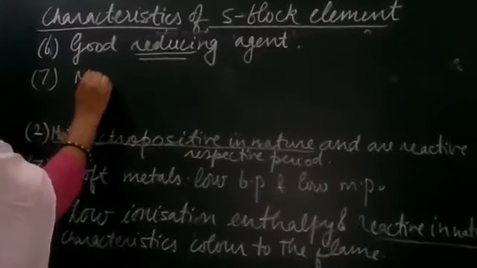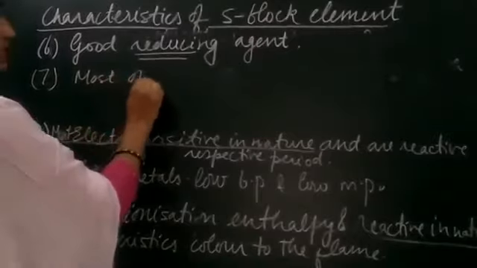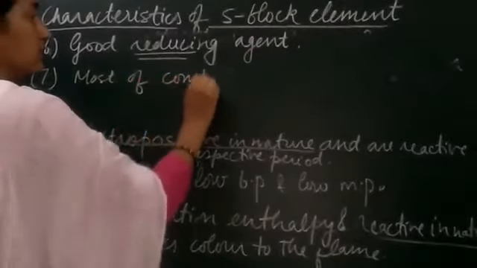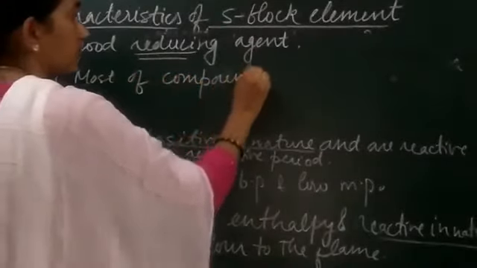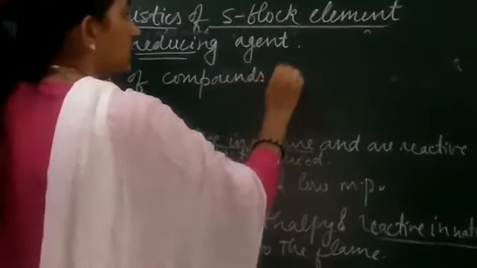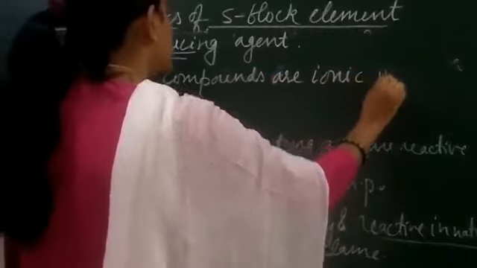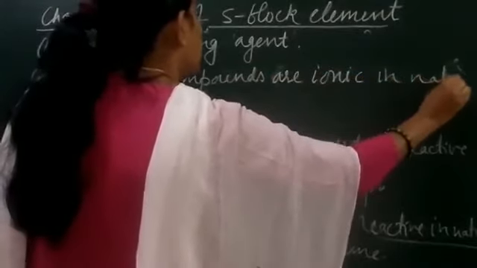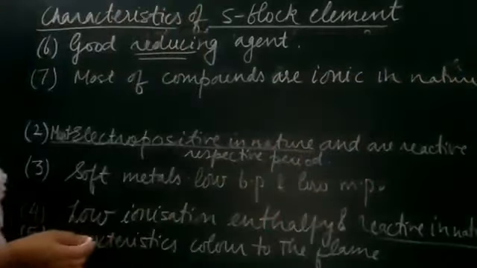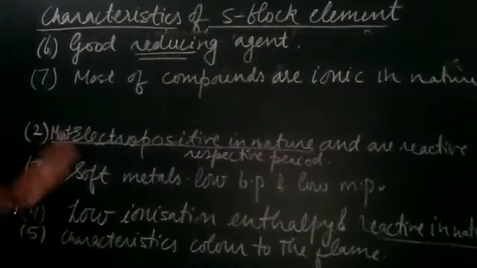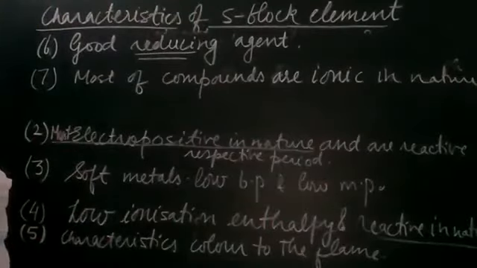And most of the compounds are ionic in nature. Right, students? So the S block elements, they mainly form the ionic compounds, right?